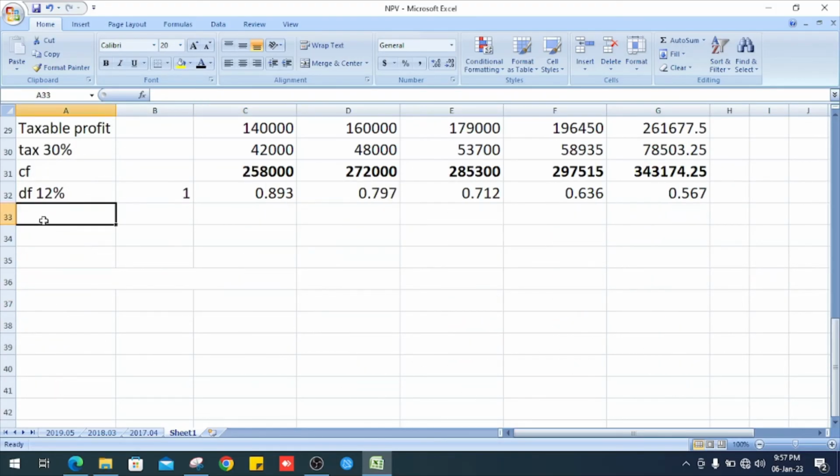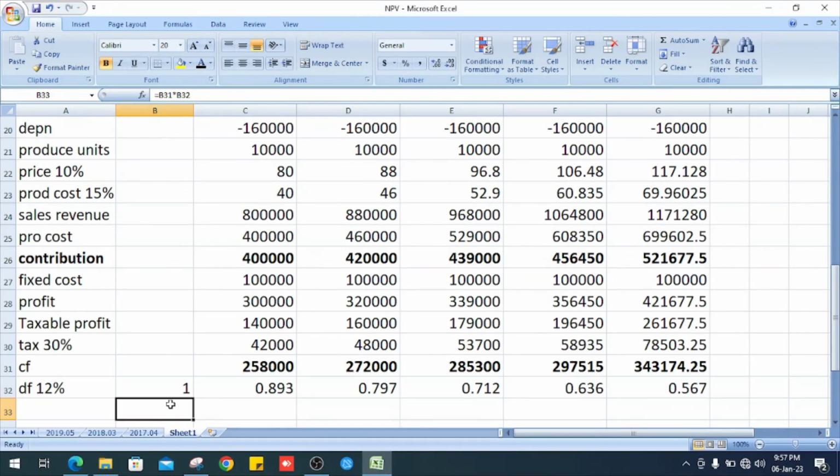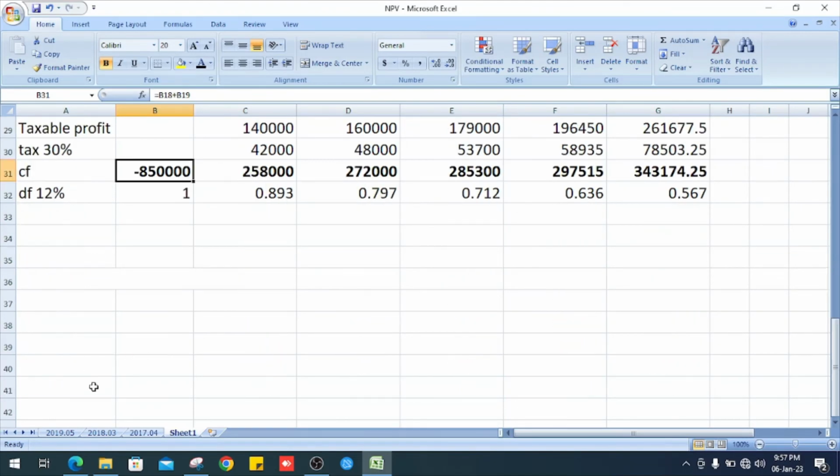Let's see the net cash flow. How do we get the net cash flow? The discount factor into our cash flow. Sorry, it is discounted cash flow.